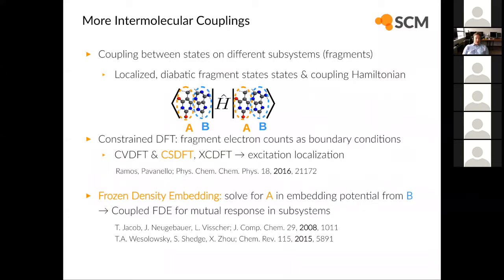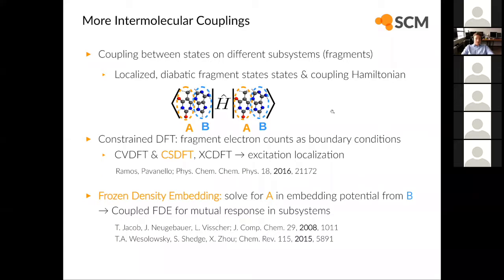There are alternative ways to calculate these charge mobilities and deal with this problem of how well charges move through these layers. An alternative one is to use localized states, for example, by using a constrained DFT formalism, using the electron counts in the different molecular fragments, so the individual molecules, as a boundary condition, and thereby one is able to localize excited states.